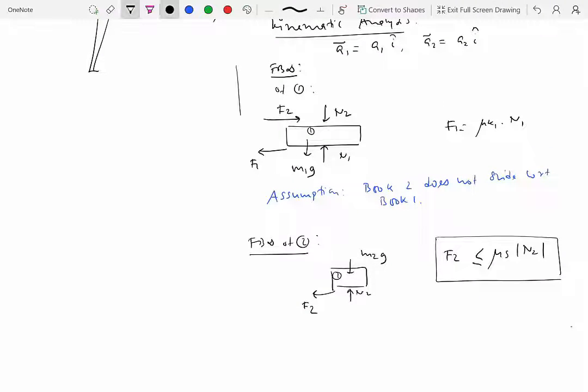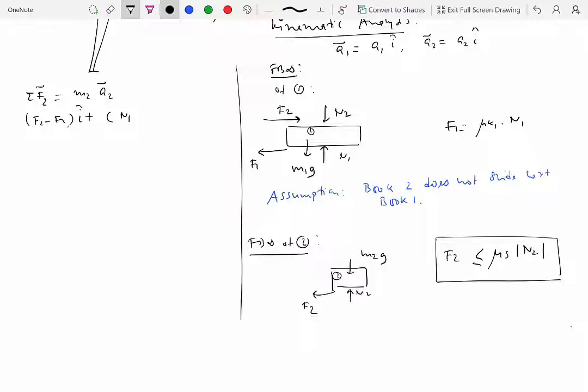Since I have a space over here, I'm going to use the space to do that analysis. So sigma F on 1 equal to mass of 1 times acceleration of 1. So we have F2 minus F1, that's along the I hat direction, plus N1 minus N2 minus M1G along the J hat direction, equal to M1 times A1. This is actually book 1, so I shouldn't really write this as 2 here.